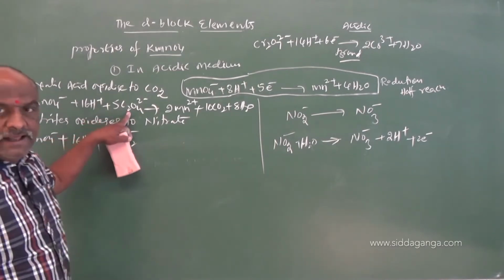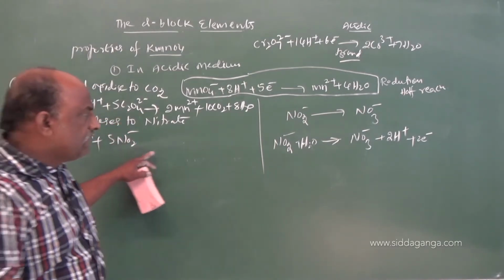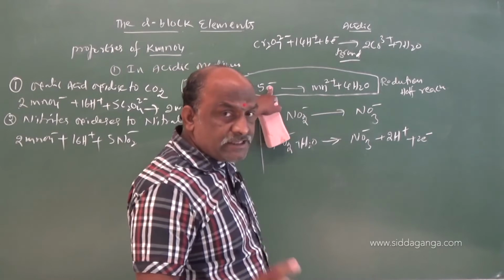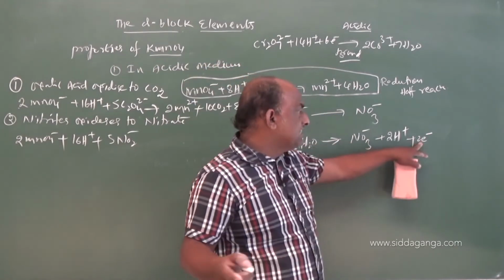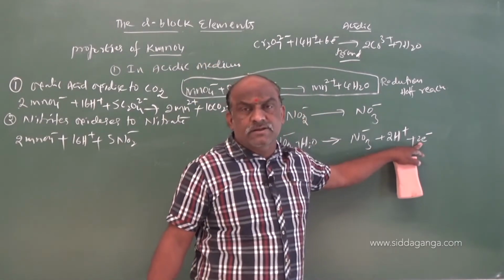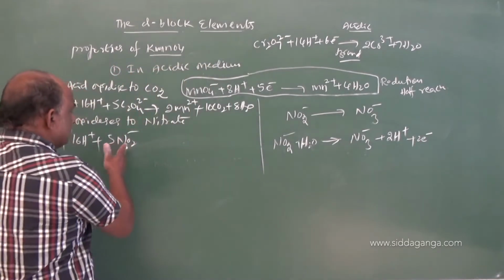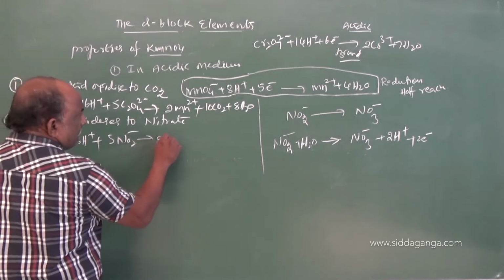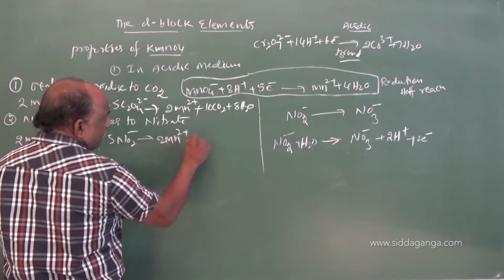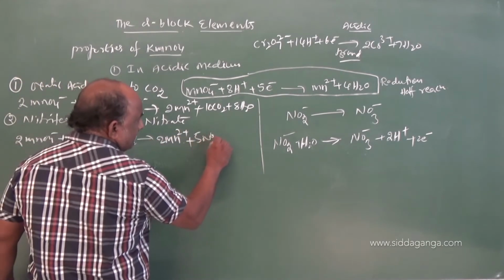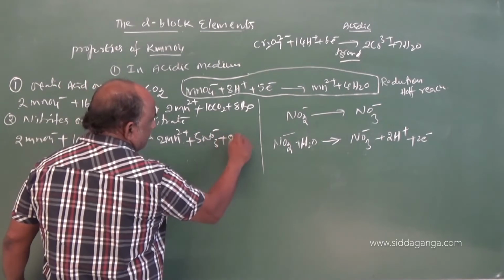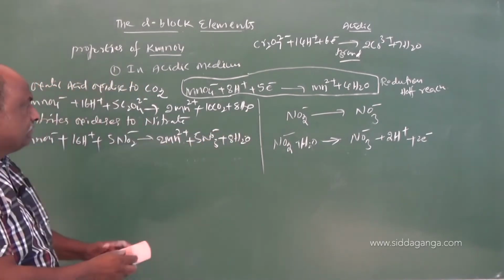Instead of the oxalate ion, you write nitrite, because in the oxalic acid reaction and the nitrite reaction the number of electrons is the same. The same number of electrons means we can just exchange the reactants. NO2 minus gives 2Mn2 plus plus 5NO3 minus plus 8H2O. This is the balanced equation.